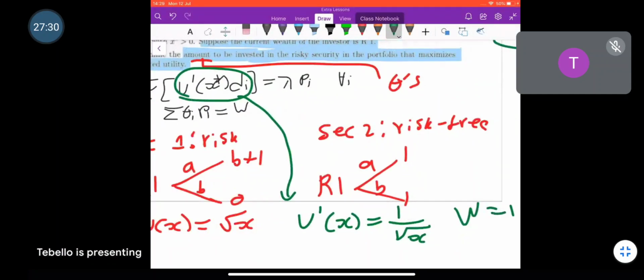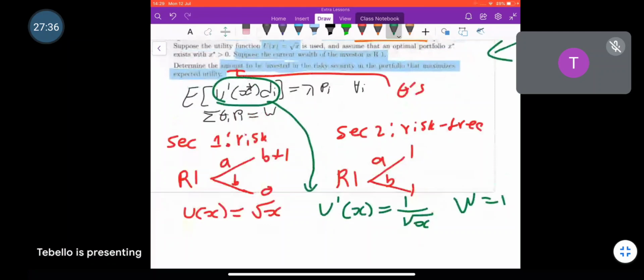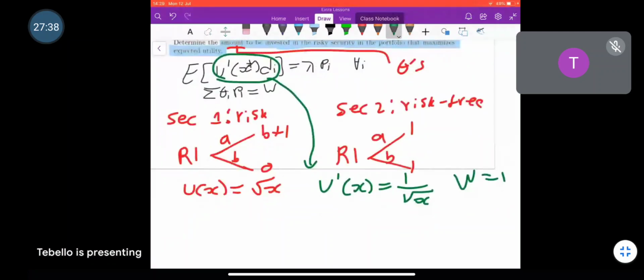So before we can start solving, we need to find your x's. Your x star, right? This is what you want now. X star is the state payout, is the payout. So you have 2 assets and 2 states.